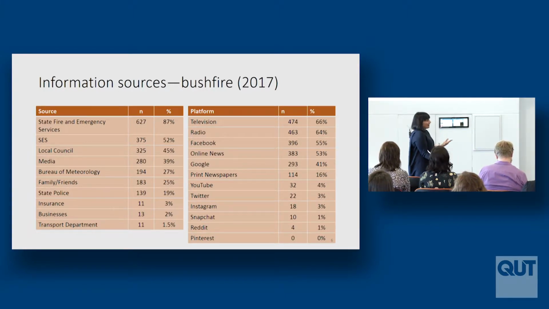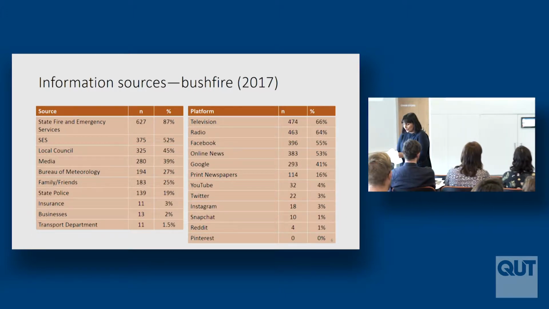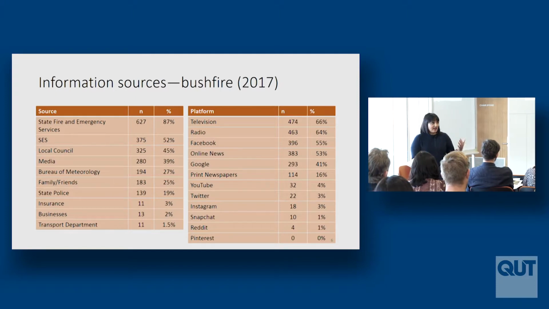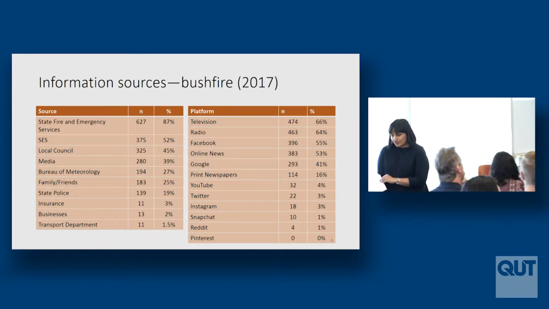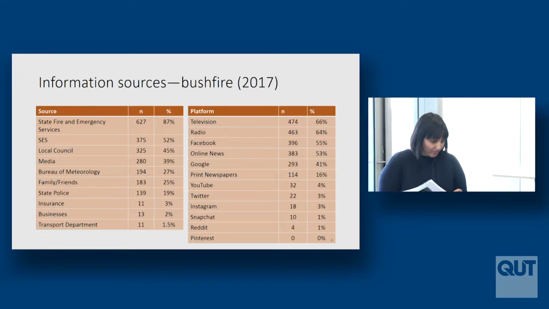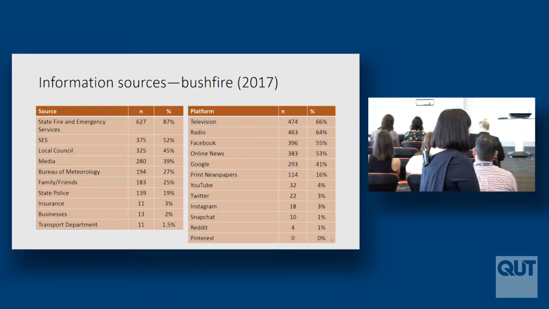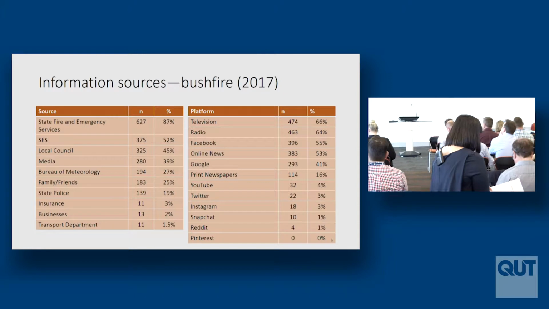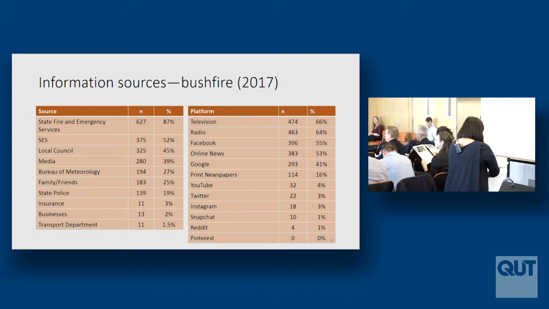So to follow that line of thinking about here is what the community members do or don't do, and you'll see that there are 2 different slides here, one for bushfires and one for floods. This was some research that we undertook with community members just this year to help understand what kind of information sources and platforms they were using to seek information about bushfires or about floods and storms.